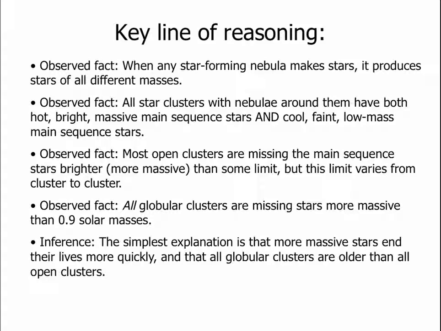And then this also implies that all globular clusters, because they don't have any stars more massive than 90% that of the Sun, and we know the Sun can live for 10 billion years, this implies that all globular clusters are old, and in fact older than 10 billion years. All open clusters are younger than that.